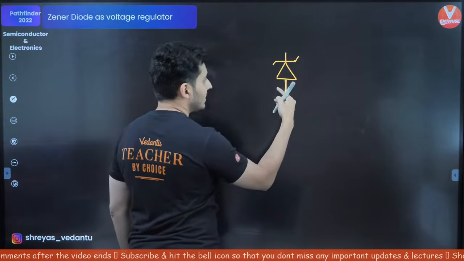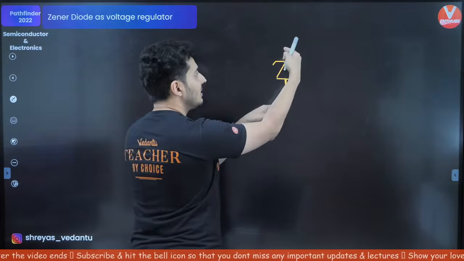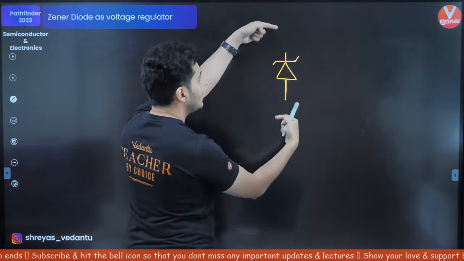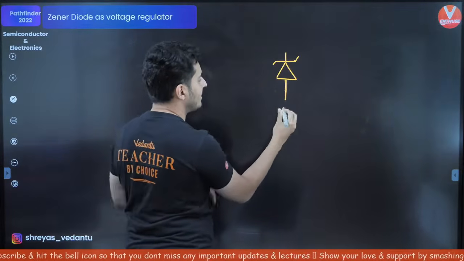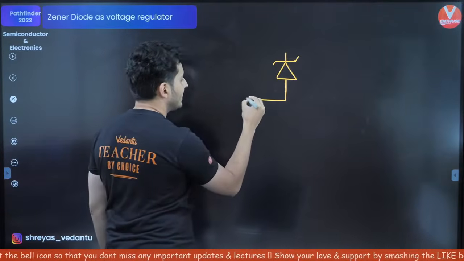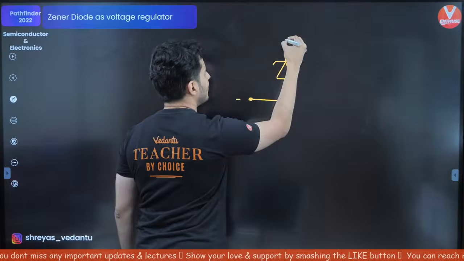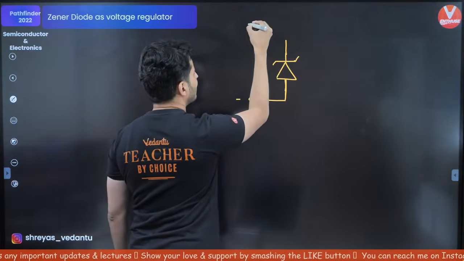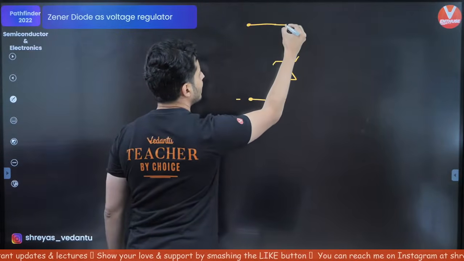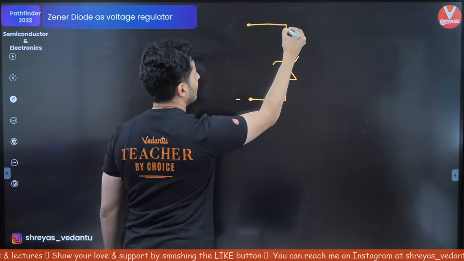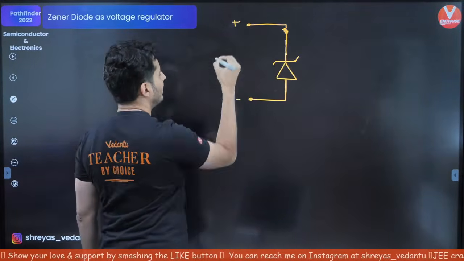So the upper one is positive, the lower one is negative. Let's say this is connected to the negative terminal, and this, via some resistor, is connected to the positive terminal.